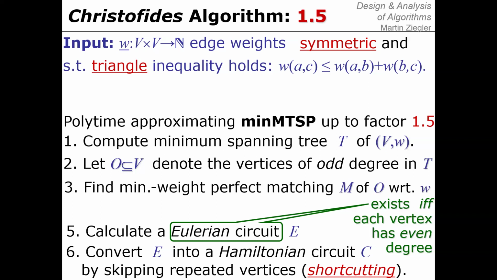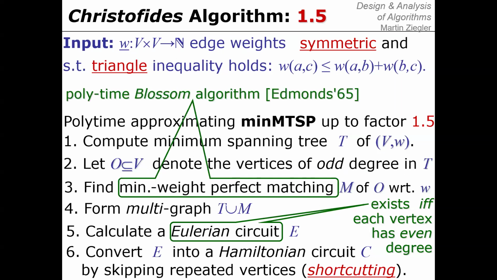So the idea of Christofides is to add some edges to this minimum spanning tree to make sure that every vertex has even degree. And the way to do this is to calculate a minimum weight perfect matching among the vertices of odd degree, adding that to the minimum spanning tree, and thus increasing the degree of every odd vertex by 1 and making the degree even.